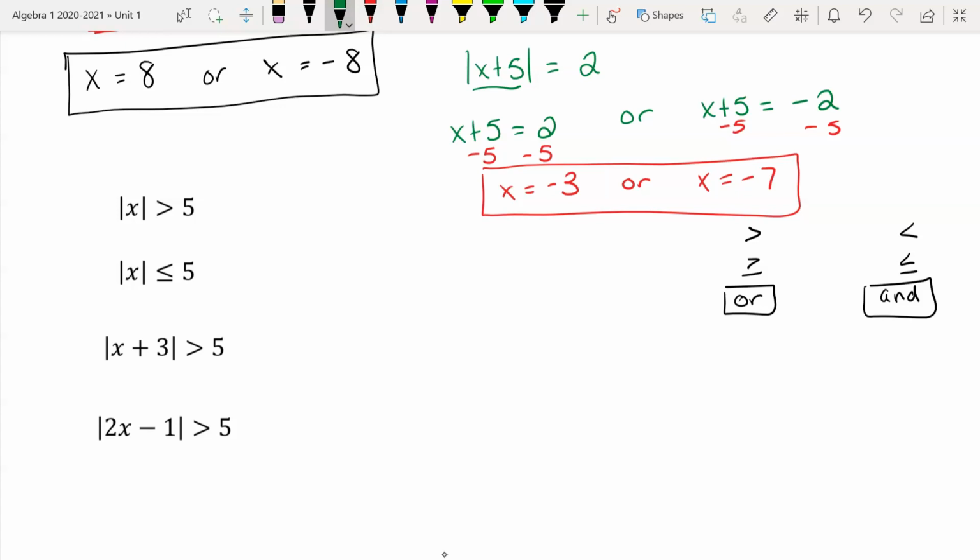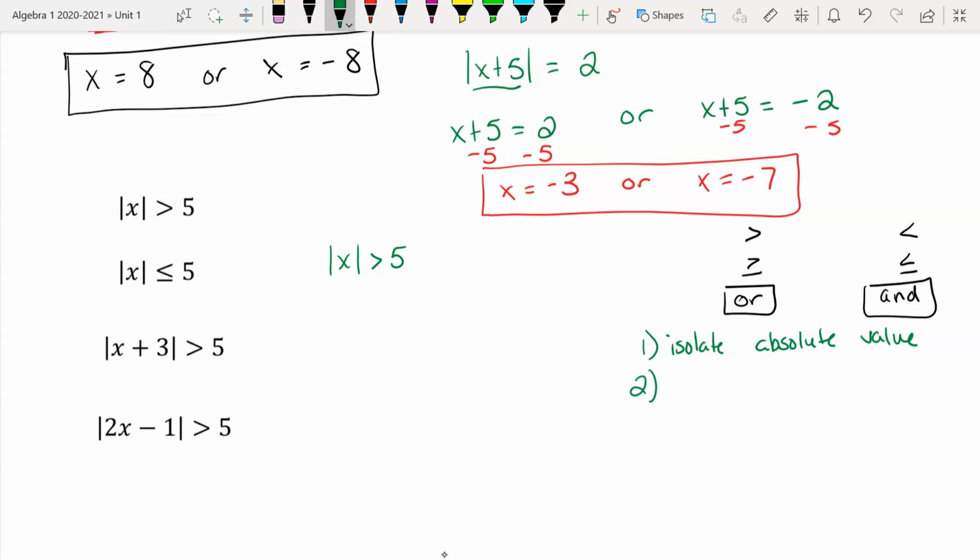So this first one, I have the absolute value of x is greater than 5. So step 1 is to isolate the absolute value. And what I mean by that is you want it by itself on one side of the inequality sign. In this case, it's already by itself on the left side, so step 1's done for us.